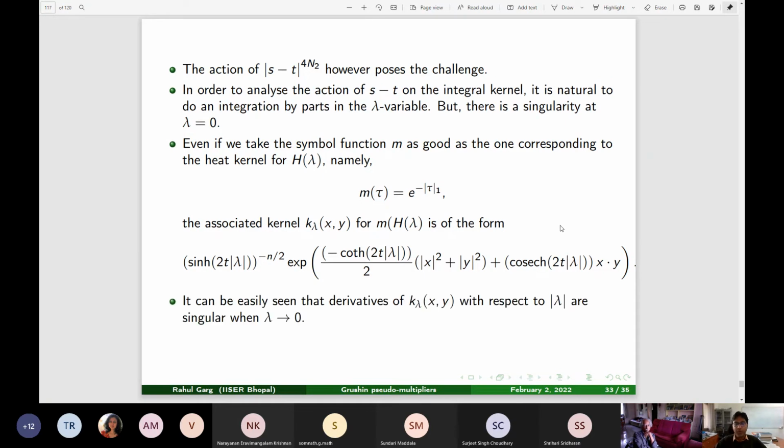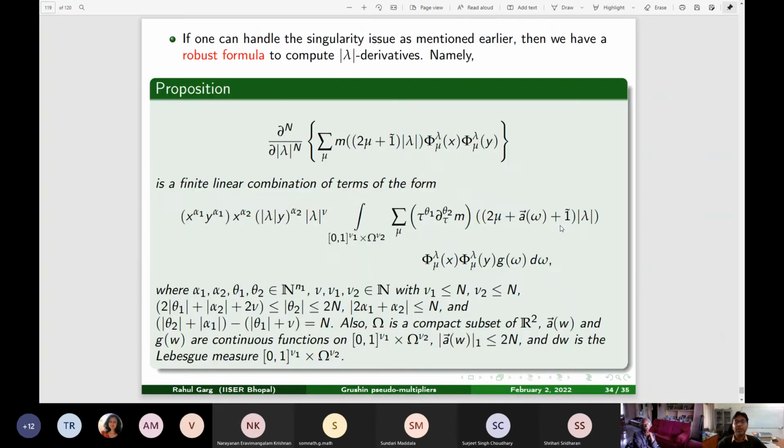What we could do, if you ignore this trouble, then this was the robust formula. I'm calling it the robust formula because this was, I think, the hardest part of our analysis, to be able to write down, look at this kind of Hermite kernel. And if you ask what is the lambda derivative of this expression, we could actually write it down as a finite linear combination, and the numbers depend on which derivative you start with.